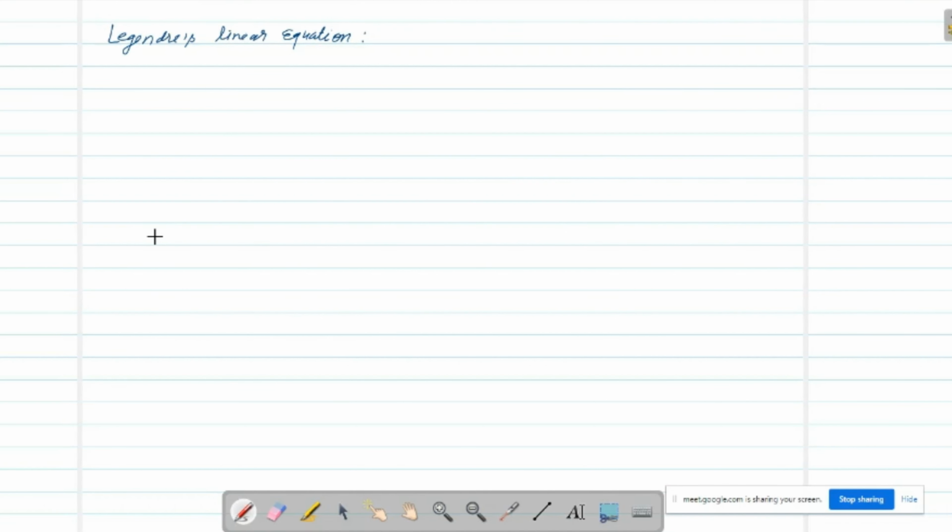An equation of the form, we define the Legendre linear equation.